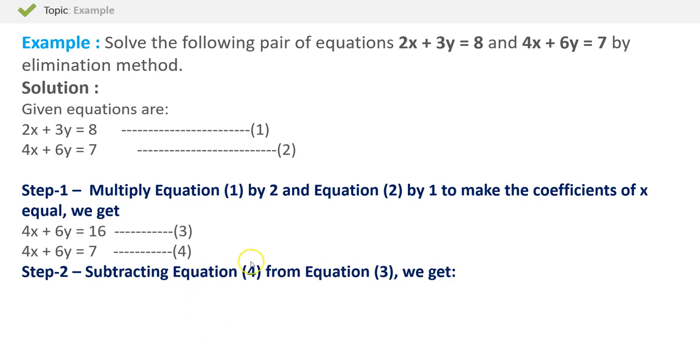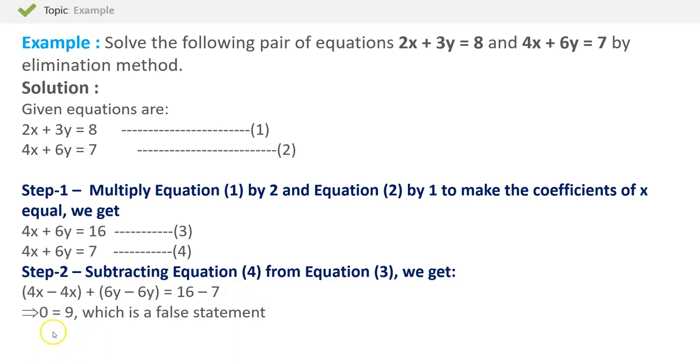When you subtract equation 4 from equation 3, you get 4x minus 4x plus 6y minus 6y equal to 16 minus 7, and it is going to give you 0 equal to 9, which is not right. So it's a false statement. What does it mean? This means the pair of equations has no solution. So you cannot really solve these two and find a value of x and y.